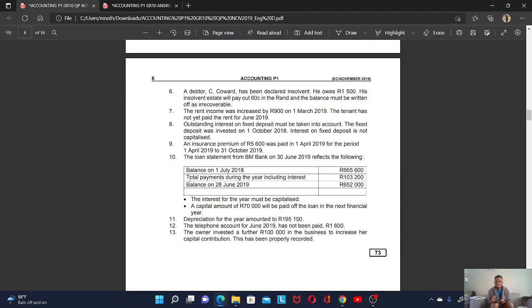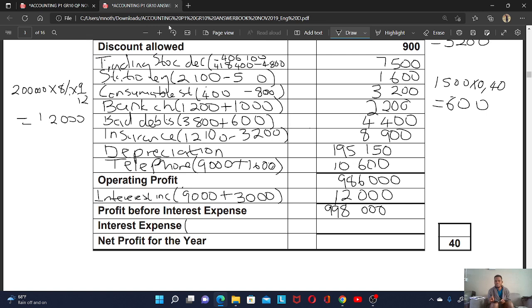On number 10, the loan statement from the bank reflects the following. Balance on 1 July 2018 is 665,600. So we're going to understand how to calculate interest when it is capitalized.